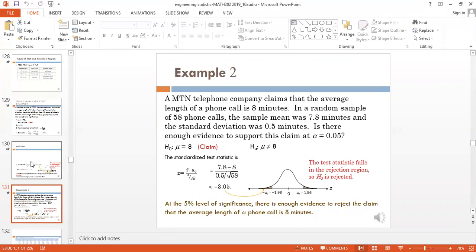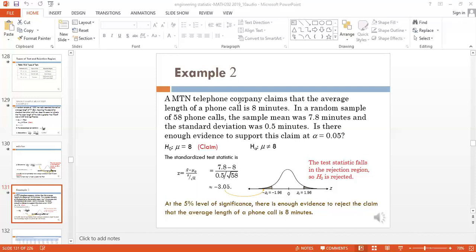Is there enough evidence to support the claim at alpha of 0.05?